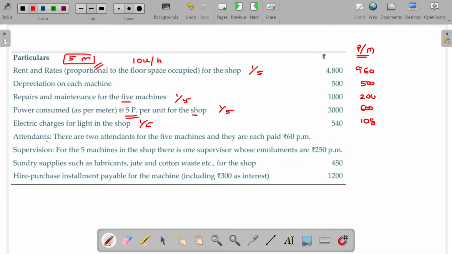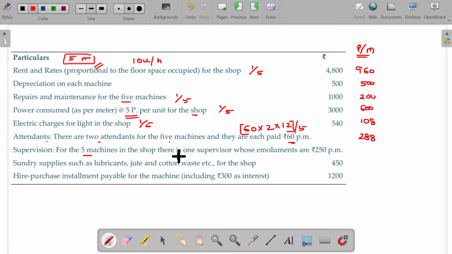And attendant. There are 2 attendants for 5 machines. They are each paid 60 rupees per month. So 60 rupees per month, 2 attendants, 12 months for 5 machines. And for 1 machine, you have to divide this by 5. Come on, tell me. 288.